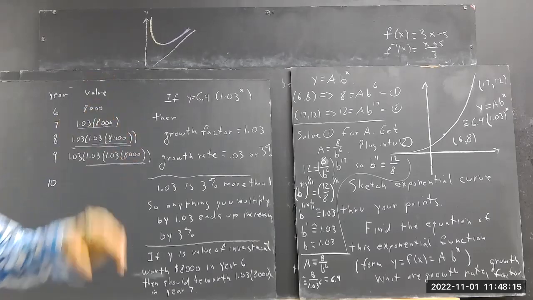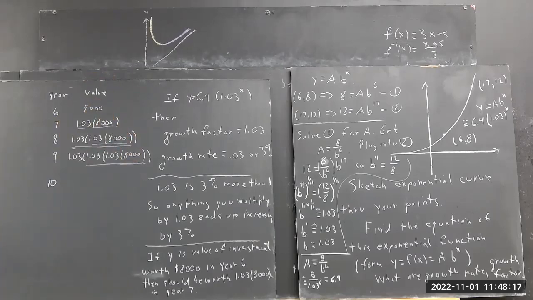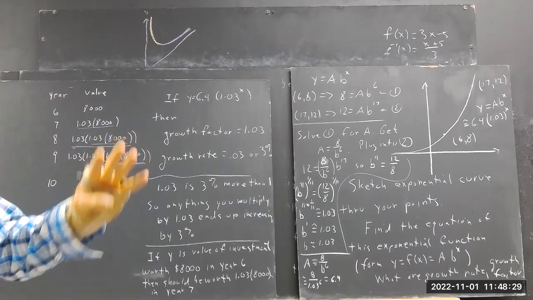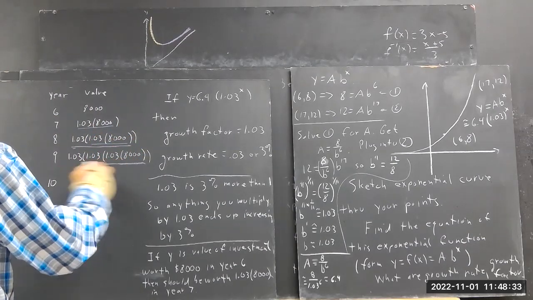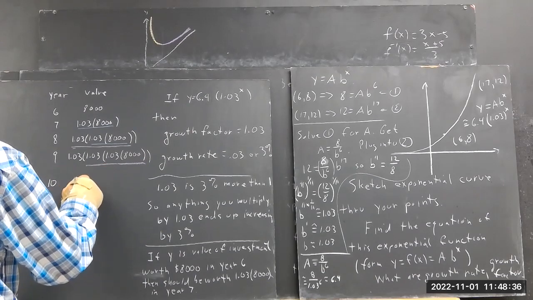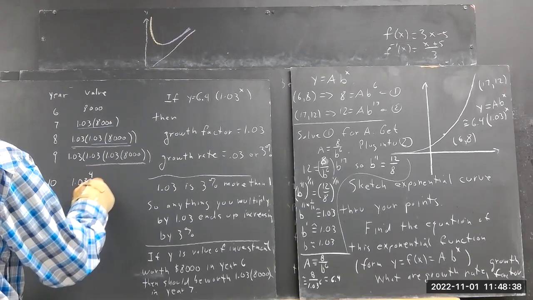Show me with your fingers. Year 9, how many 1.03s do I have? Yeah, I have 3. Going to multiply by another one. How many is that going to be? Very good, 4. So that's 1.03 to the 4.